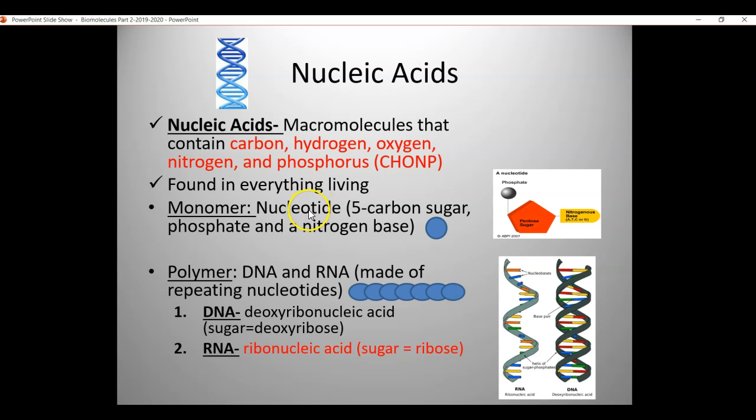So that's a nucleotide. This whole thing is the one monomer. The polymer is DNA and RNA. They're made up of repeating nucleotides. DNA is deoxyribonucleic acid. The sugar is deoxyribose. And RNA is ribonucleic acid because its sugar is ribose. So it's the difference in the sugar in the name.